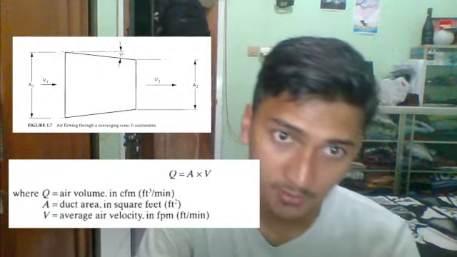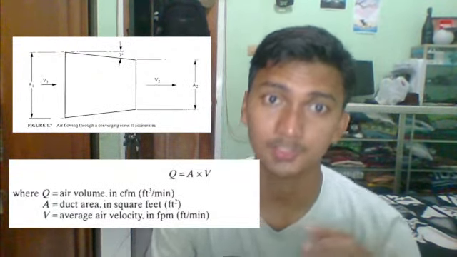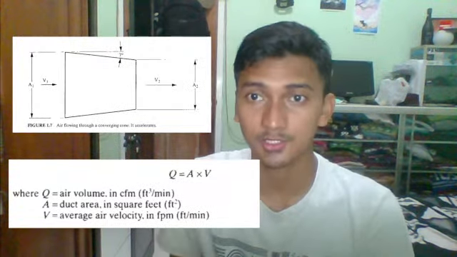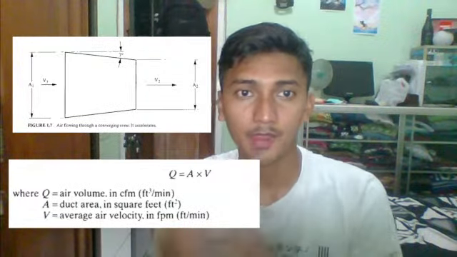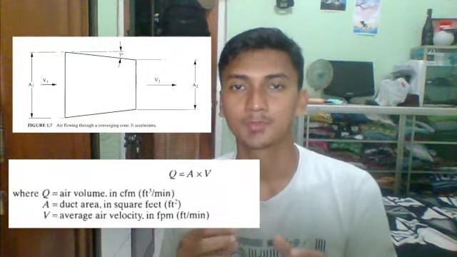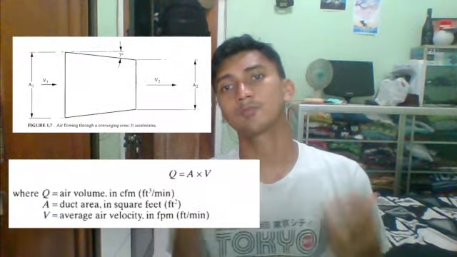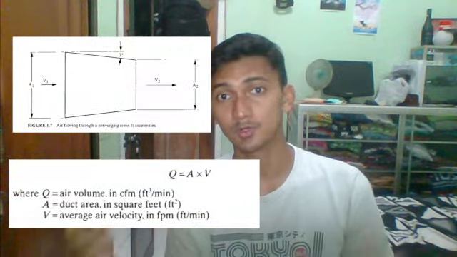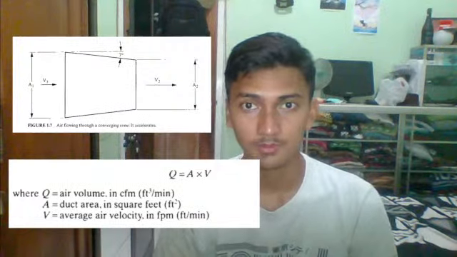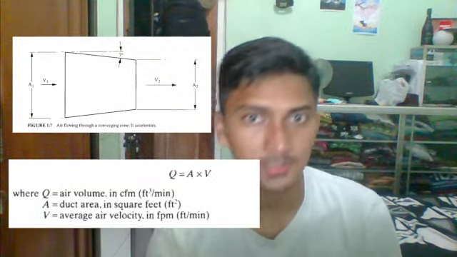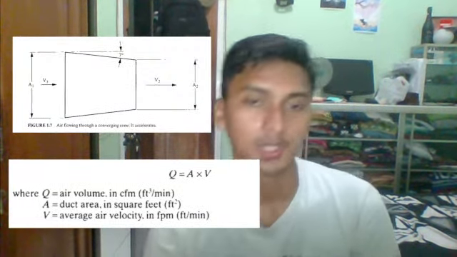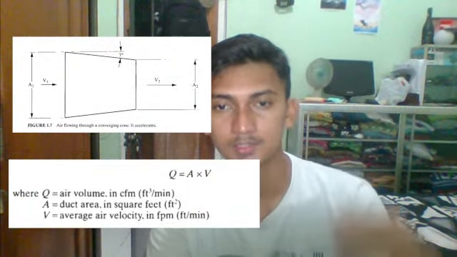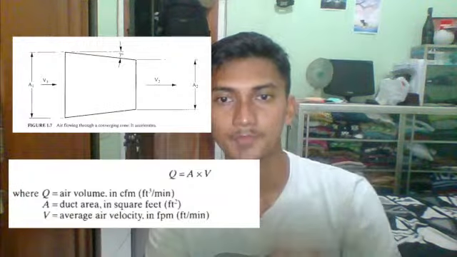Because the air volume in CFM stays the same before and after the point of constriction, as the air passes through the converging cone it will accelerate from V1 to a larger air velocity V2, because the area A2 is smaller than the area A1. You can see this in the picture of airflow through a converging cone.